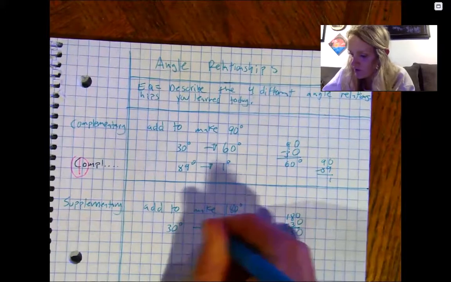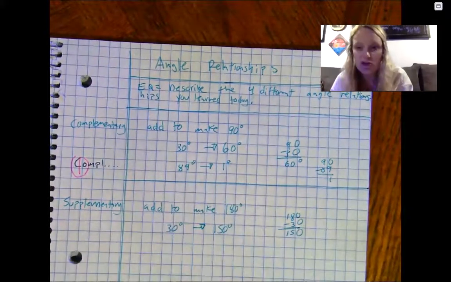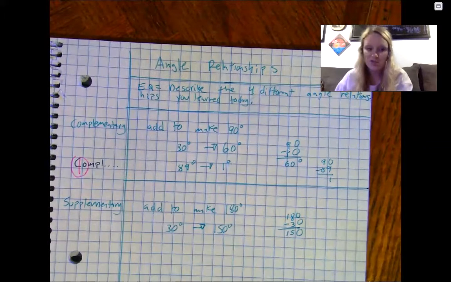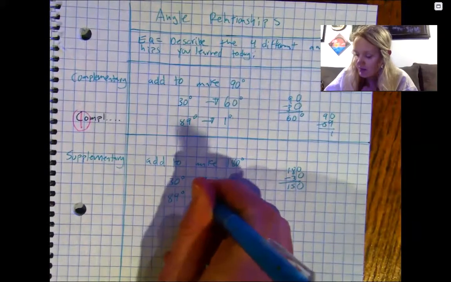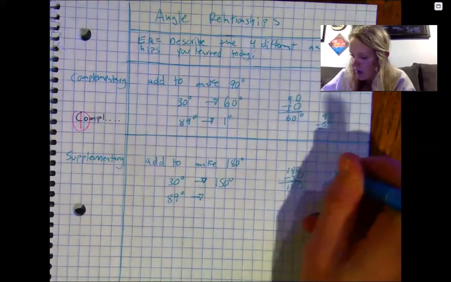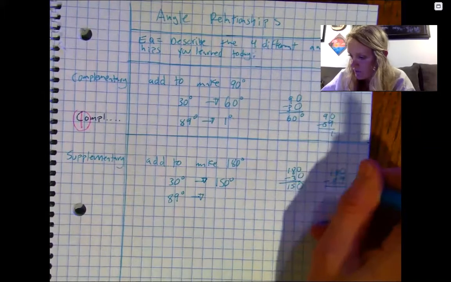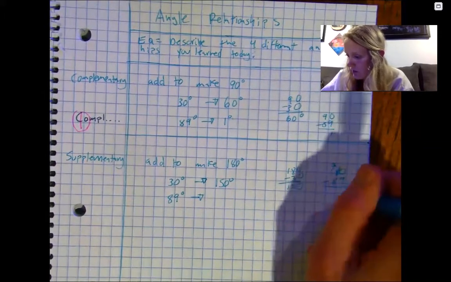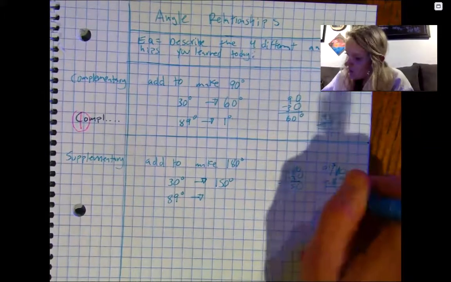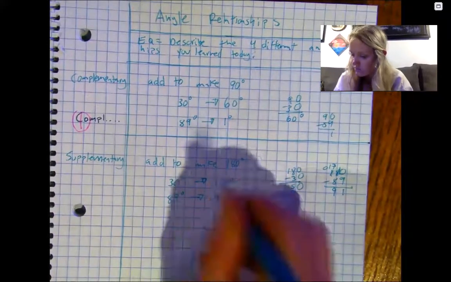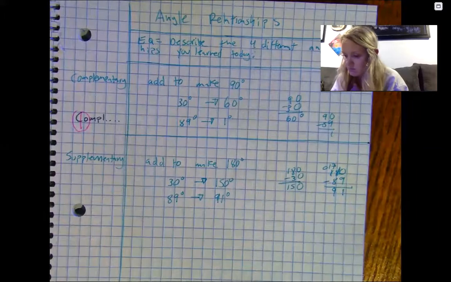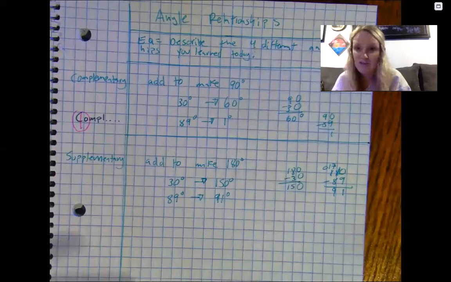So 150 and 30 are supplementary to each other. They supplement each other to make 180. If I took 89's supplementary angle, I take 180, take away 89, I need to regroup. It would be 91 degrees. That's it. Just angles that add to make 180.